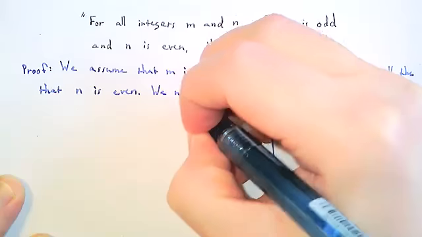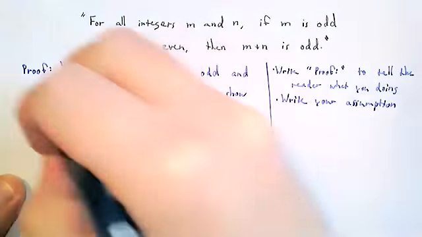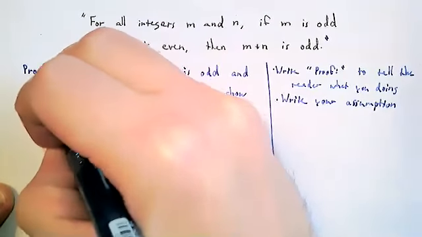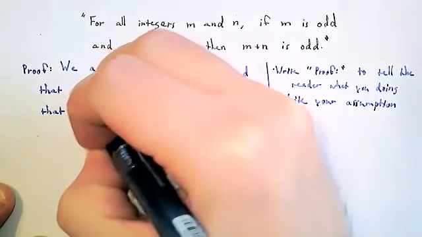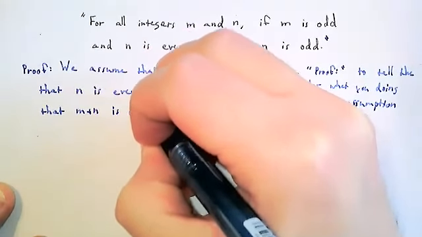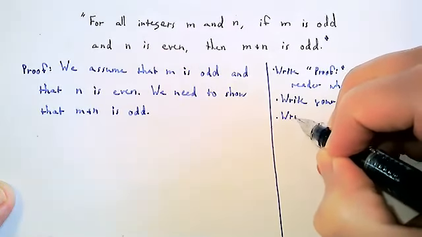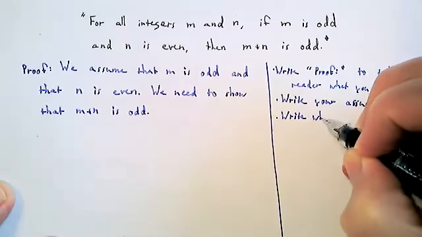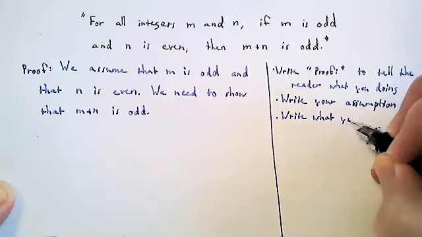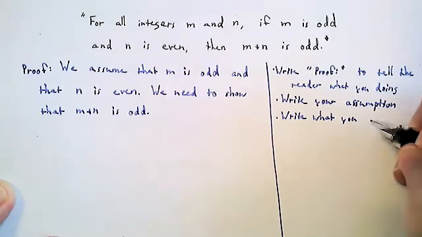So we need to show that m plus n is odd. So write what you assume, and then write what you need to show.